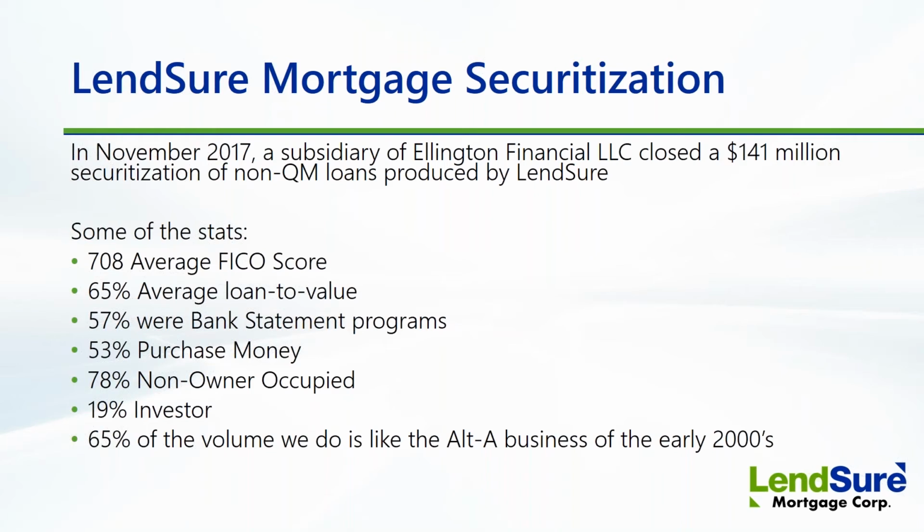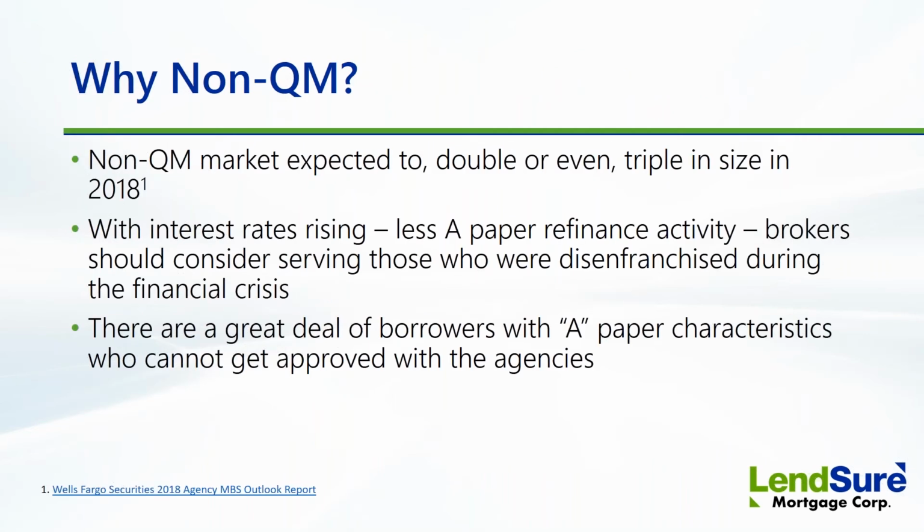Now, for those of you who've been in the business for some time, I would compare our best products, our super prime products, we call them, to those of the alt-A world in the 90s and in the early 2000s. 65% of the volume we do is like the alt-A business of the early 2000s. They're high-quality borrowers, low LTVs, using alternative documentation approach for the income piece of a given transaction. Next slide.